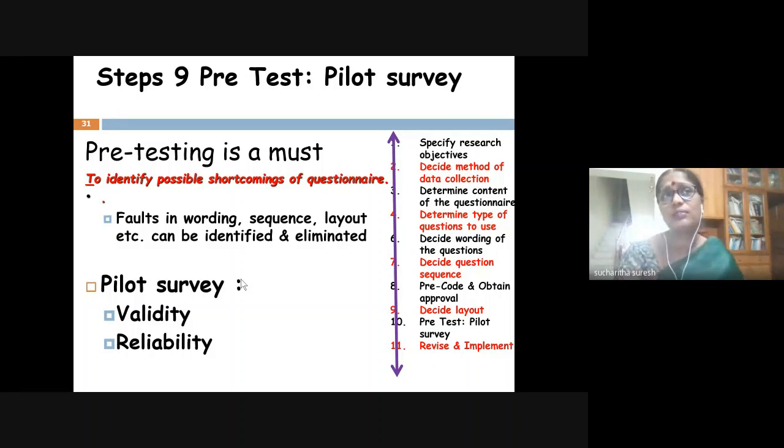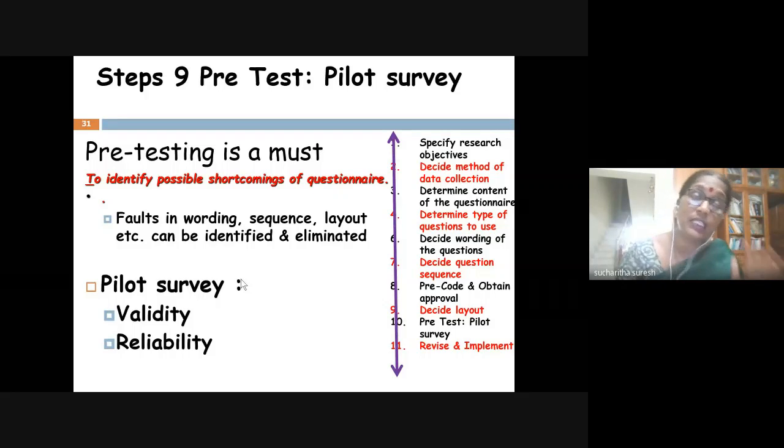But for one's research, we need not go into such depth. A certain level of validity and a certain level of reliability is enough.